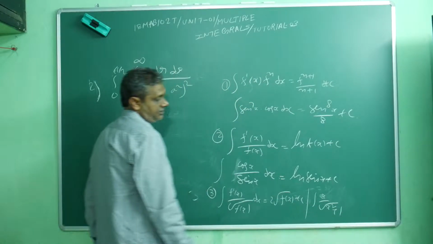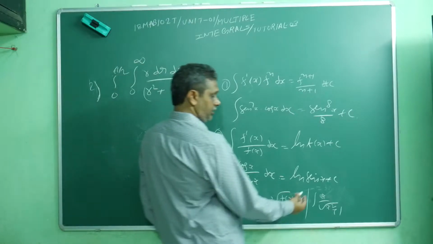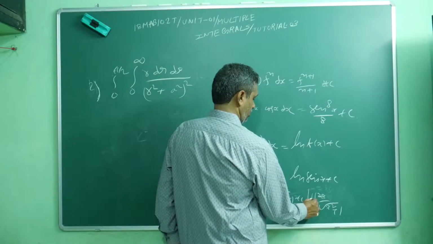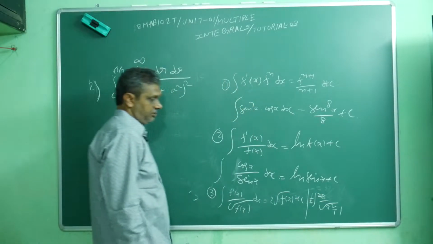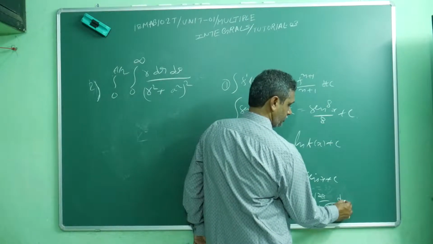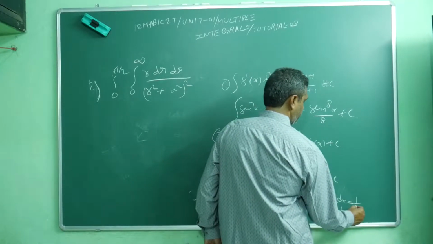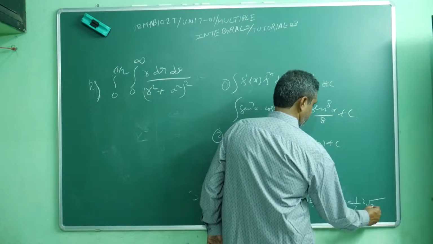If we take the function as x square plus 1, its derivative is 2x. If there is no 2, you can multiply by 2 and divide by 2. We have no right to change the problem, but we can do the magic in mathematics. dx. So function and its derivative, how can I write it nicely? 1 by 2 root of.